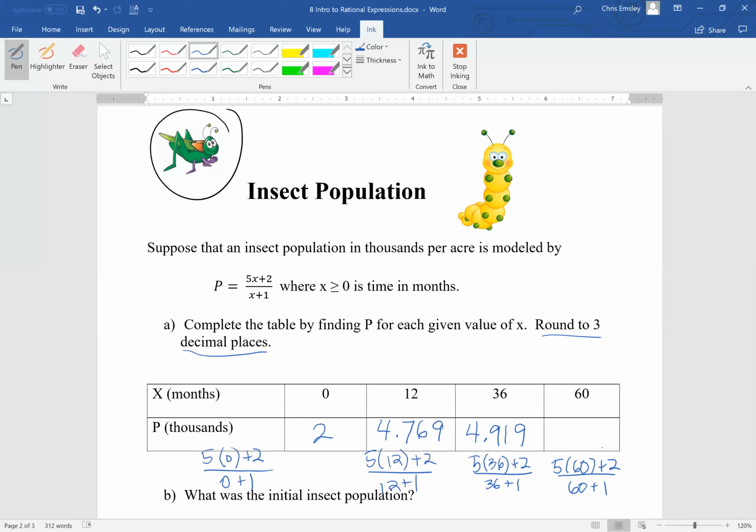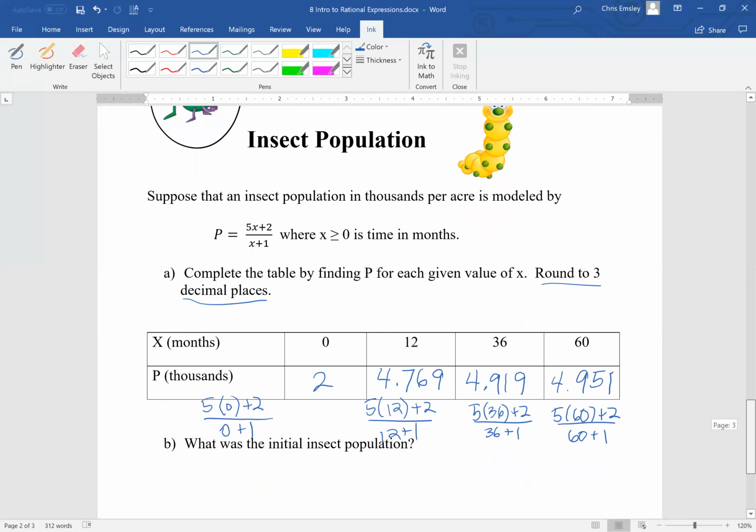I messed up on my calculator. Hold on. 5 times 60 plus 2 divided by 61. We get 4.95. Again, we're going to round because it's 0.8 on my calculator. I only want 3 decimal places, so I'm going to round to 4.951. So question number 8, part A was complete the table.